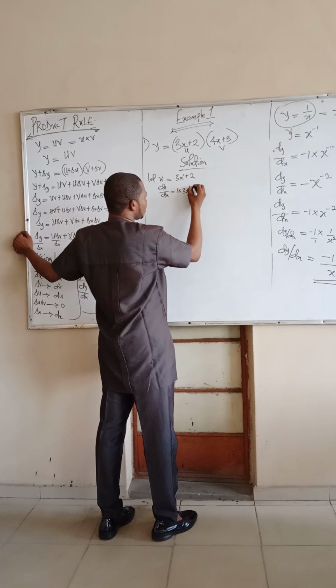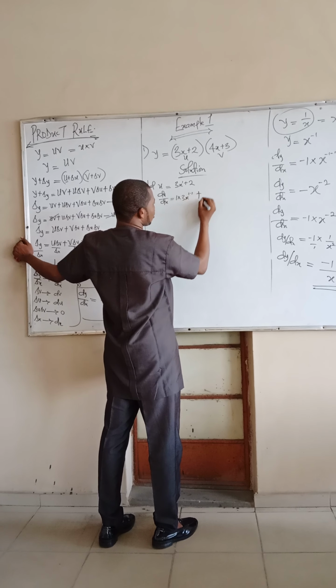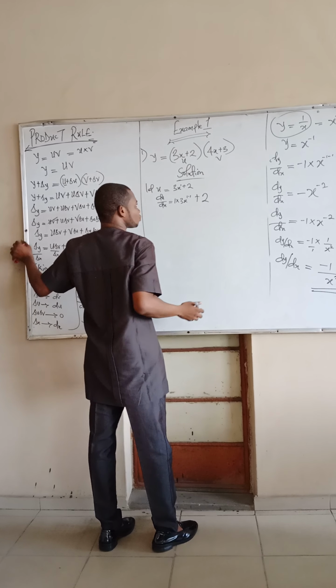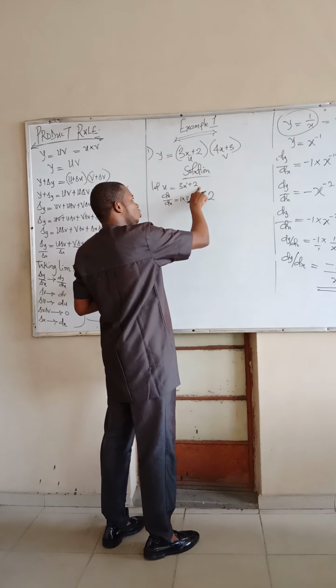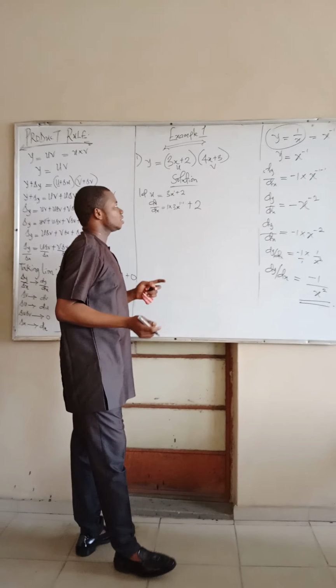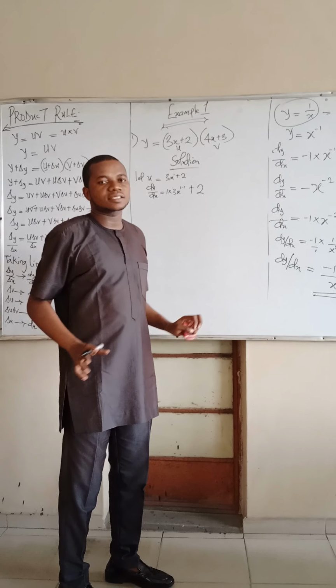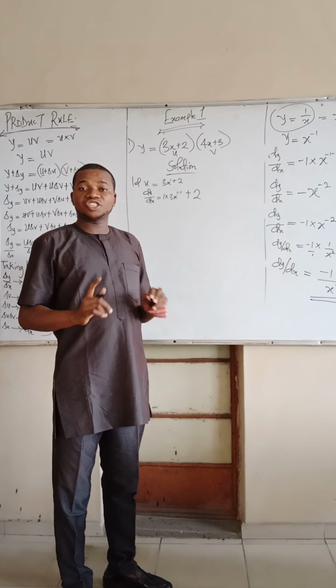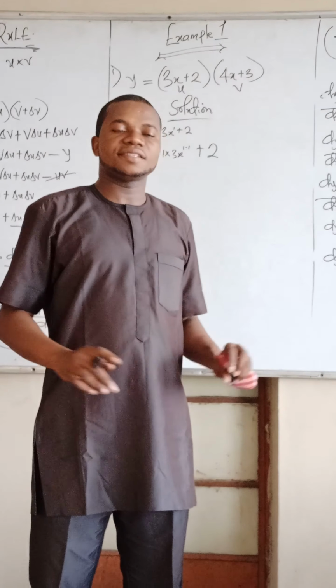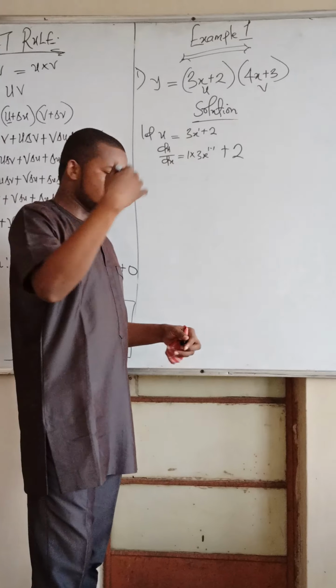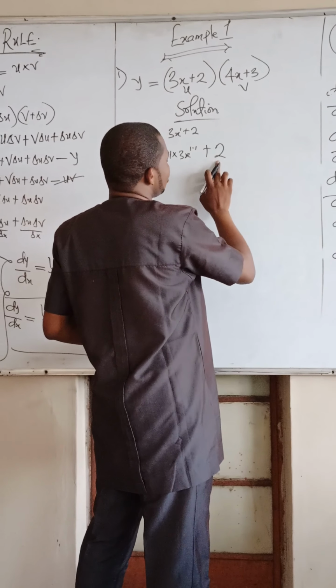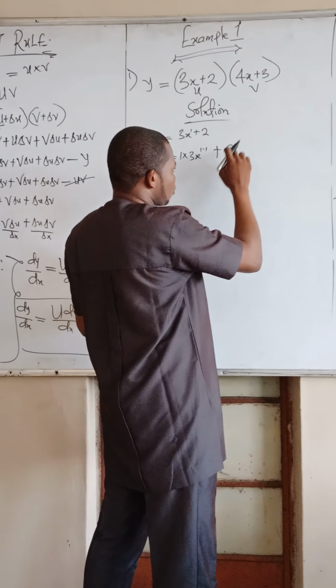This one plus 2: in differentiation, 2 does not have x. It's standing on its own, it's a constant. We say when we differentiate a constant, it is 0. There is no point writing 2. This one is as good as saying 0.